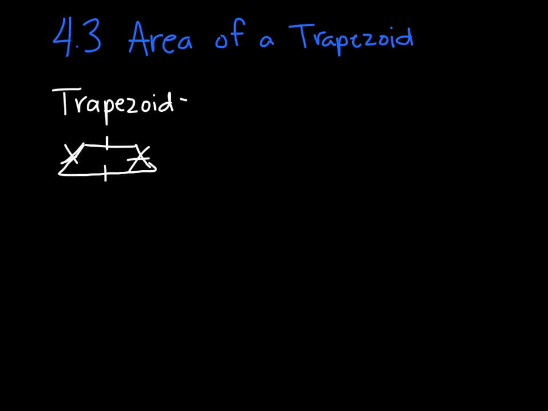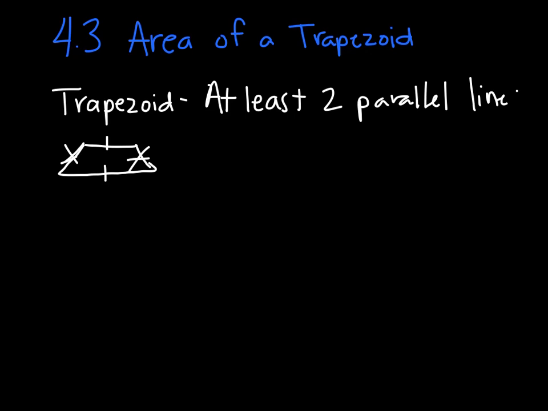So a trapezoid again has at least two parallel lines. Okay, so if you know that, you should be fine. You'll know what a trapezoid looks like.